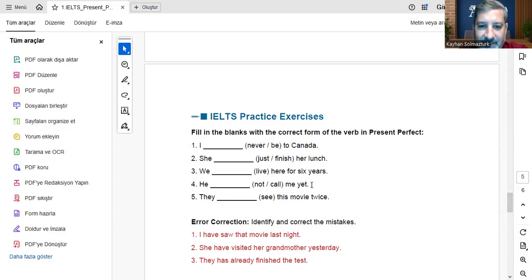So it's about a fact. I didn't hear from him, or I haven't heard from him, okay, since he left. So this is about a fact. So number five, it's your turn.